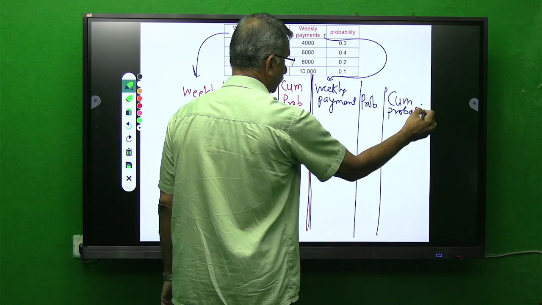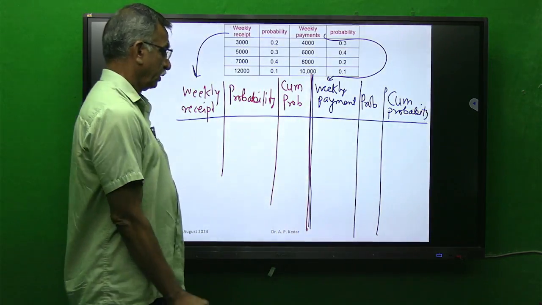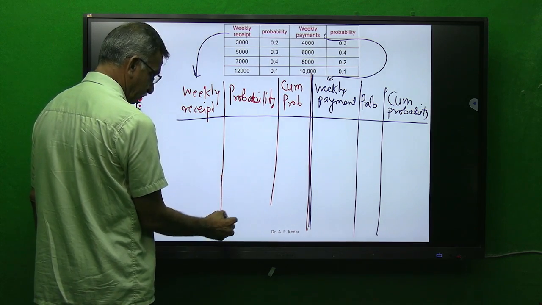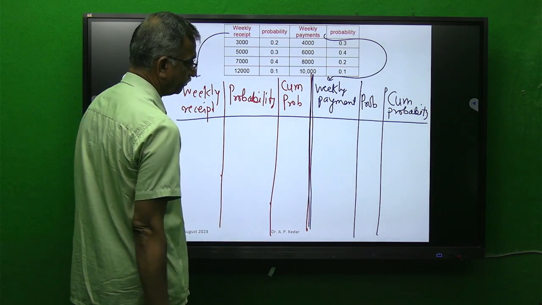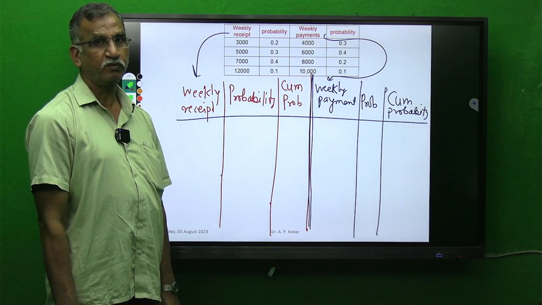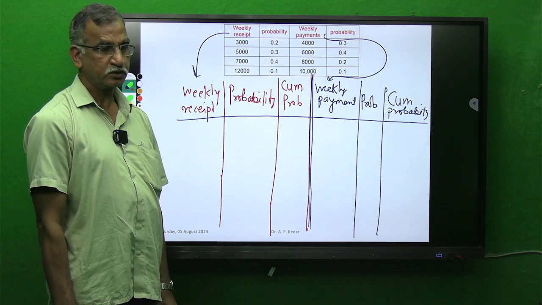Again I will recall the sentence which I used in the previous lecture, that the nature of the table for calculation will not be the same for all problems. It will vary as per the demand of the problem, but the basic logic will remain the same.